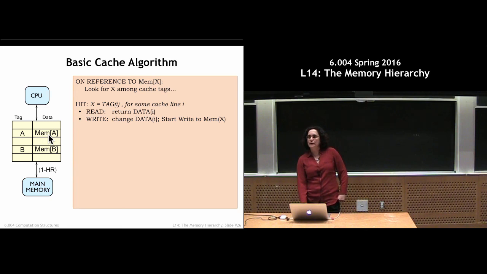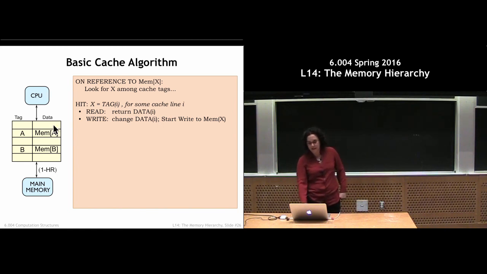Now, writes are a little bit more complicated because it's not enough to just store the updated value here. Eventually, I need to get that new value back into main memory, okay? So we'll talk about write strategies at a later time, but basically the idea is that you would write it to your cache and then you would also start writing it to main memory.